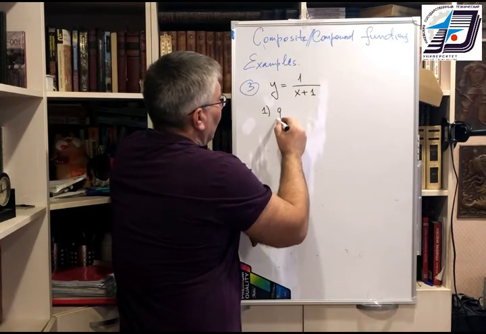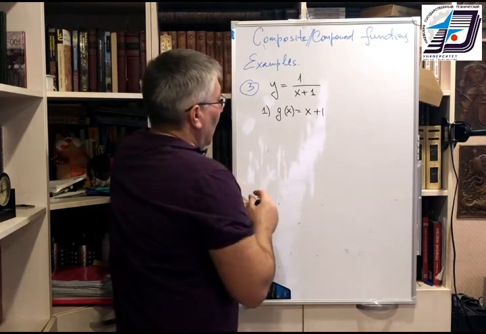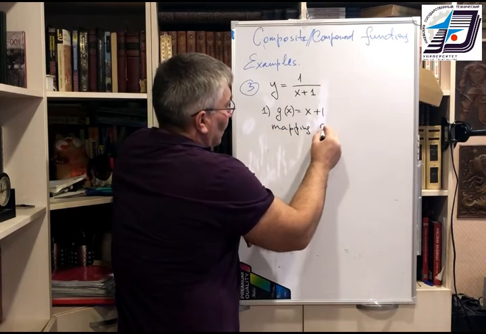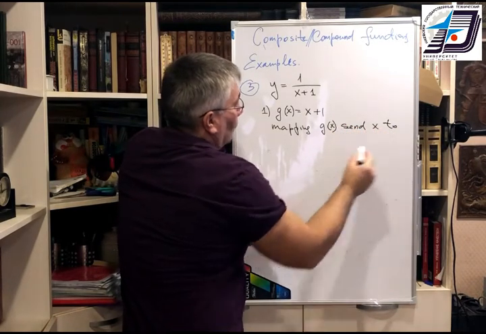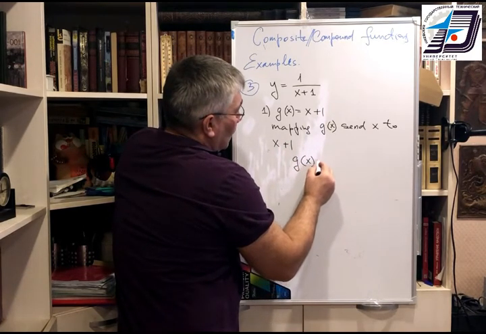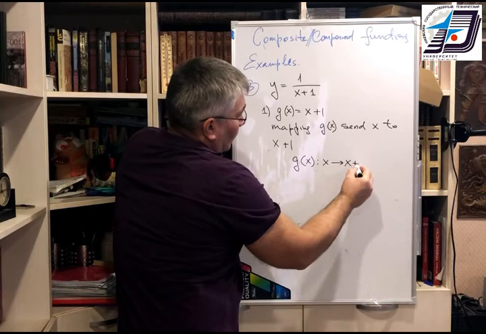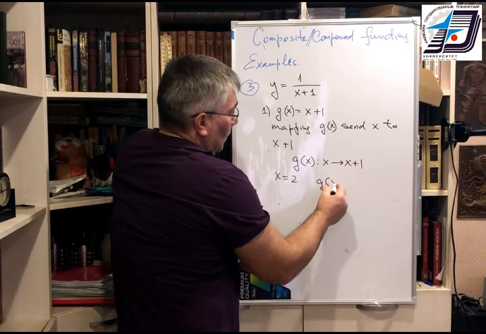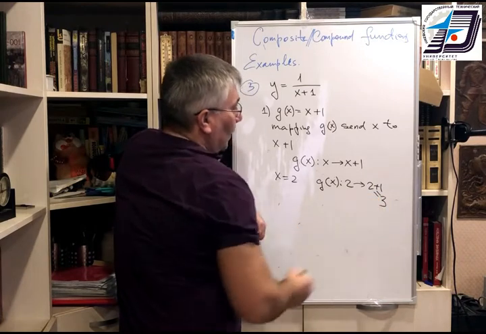So the first function I denote like g of x equal x plus 1. You can say that mapping g of x sends x to x plus 1. So for example, if x equal 2, g of x sends 2 to 2 plus 1, or 3.